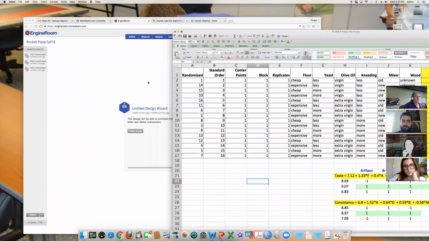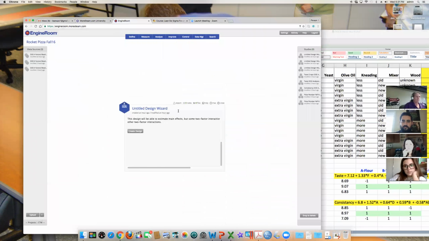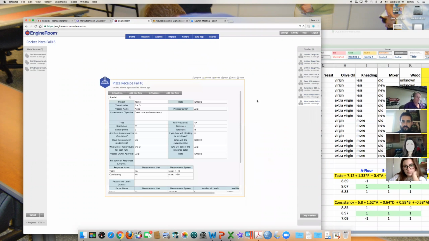So let's start out with Analyze. You can go to your design of experiments planning worksheet, which I had already done. I think that's what this is. Yeah.